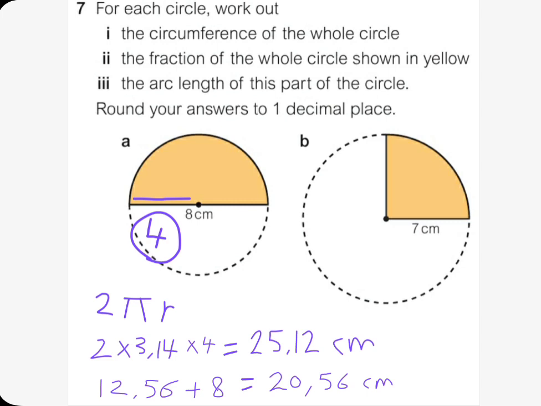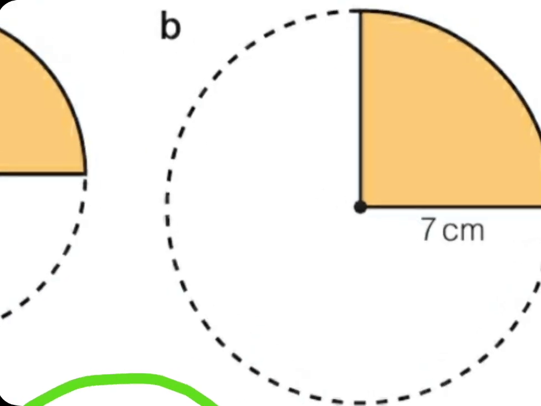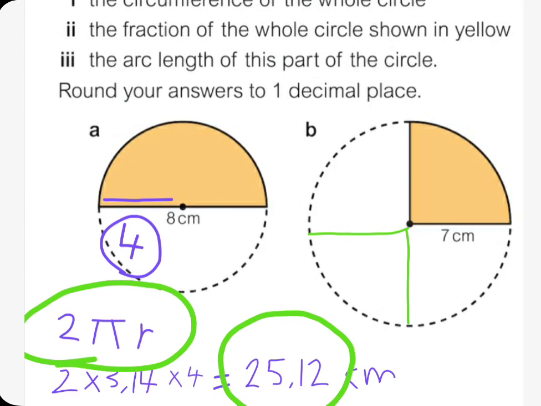The same idea with circle B. You find the whole perimeter or circumference using this formula, and after finding the whole perimeter or the whole circumference, you divide it on 4 because this circle is divided into 4s. So you divide on 4 to find the arc length, which is this one.